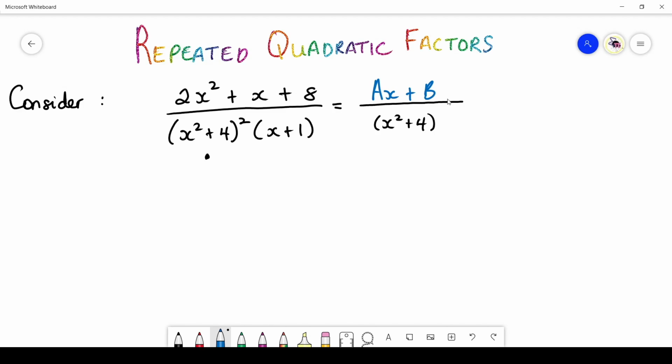Now, how many splits will this repeated factor take? Remember what a repeated factor is. When you have a power that's outside of your brackets, it's repeated. And your power tells you how many splits you're going to end up getting. So because your power is 2, we are going to have 2 splits for that factor.